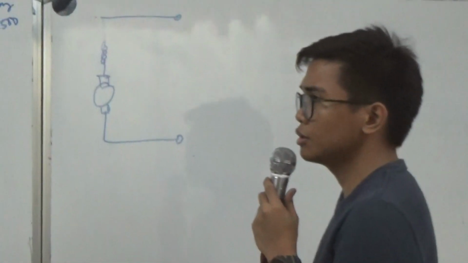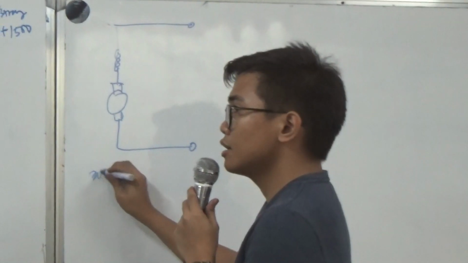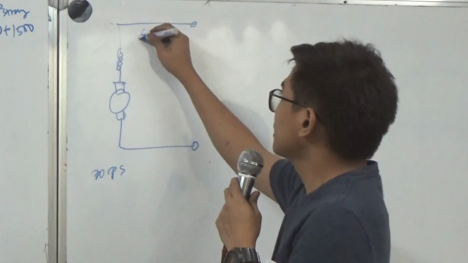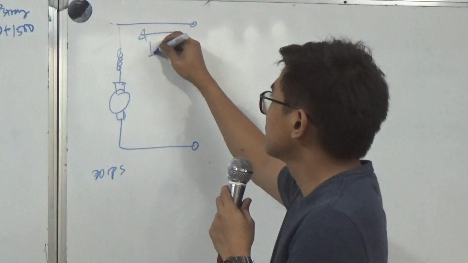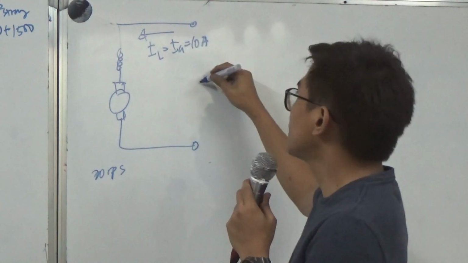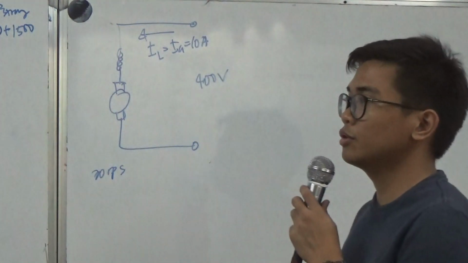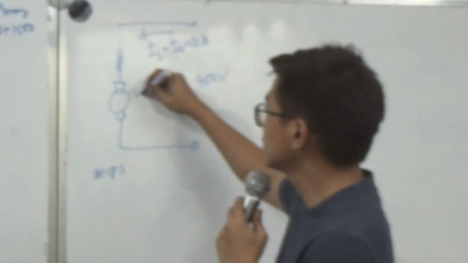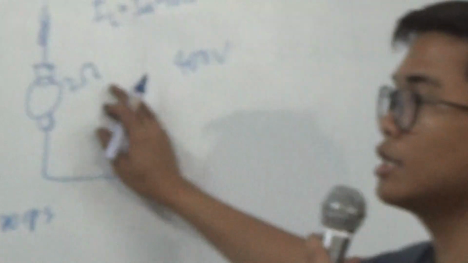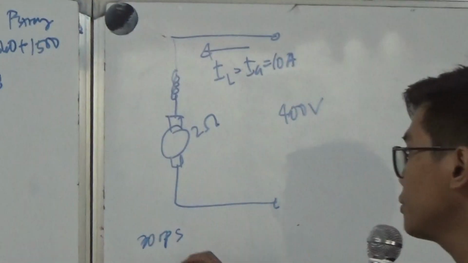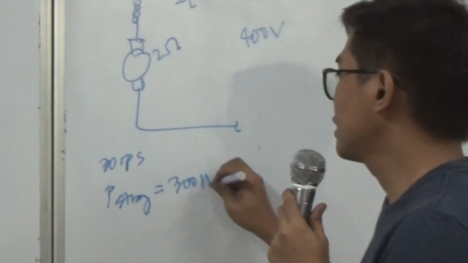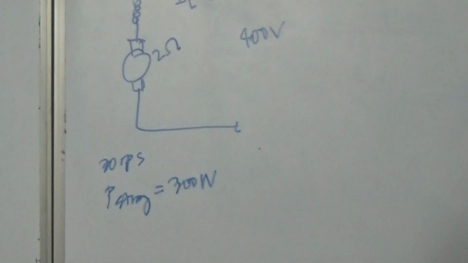So series motor, 30 RPS, takes current 10 amperes. IN equals to IA is equals to 10 amps. Supply voltage 400 volts. If the total resistance is 2 ohms, sama na yung series field winding. Then P stray or stray losses is equals to 300 watts. Determine efficiency.